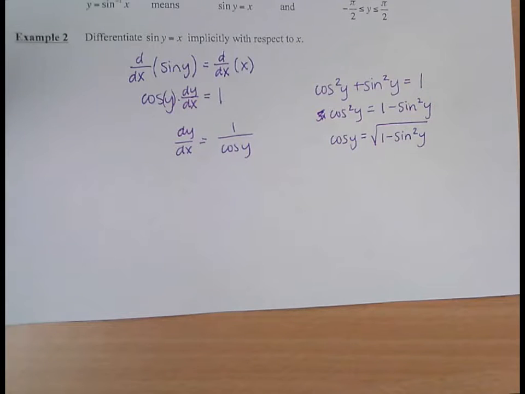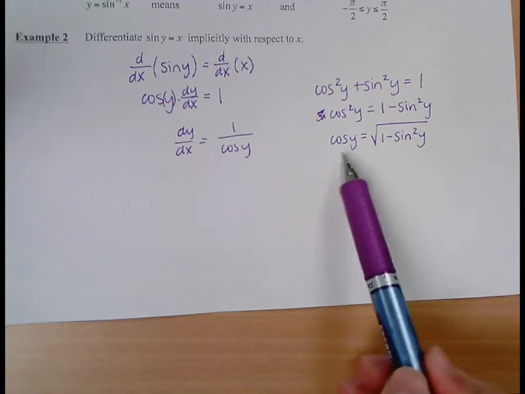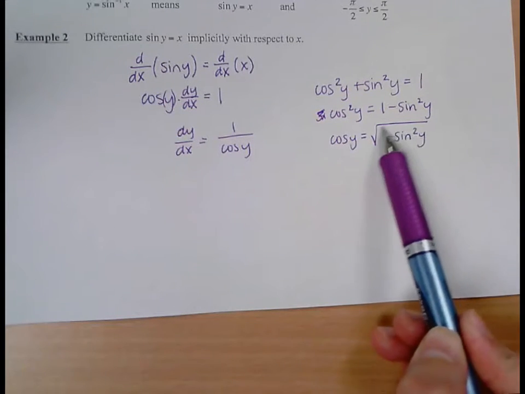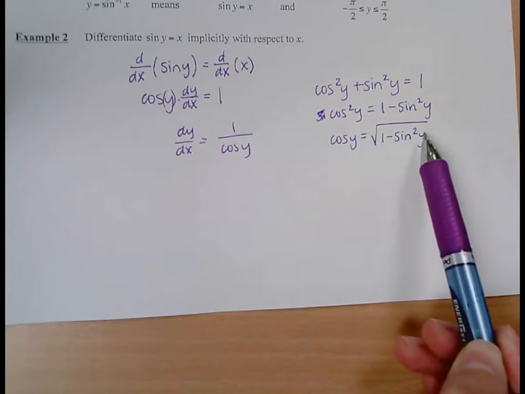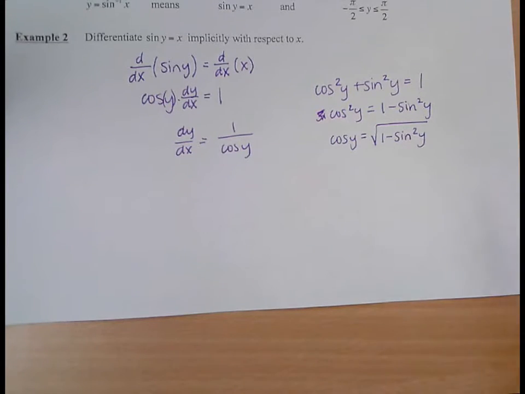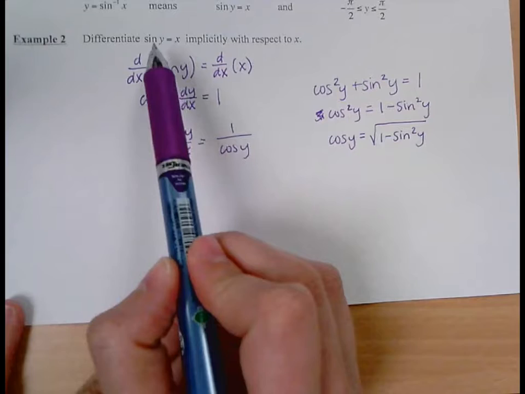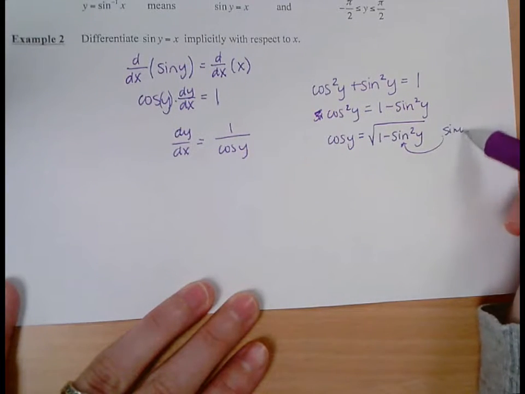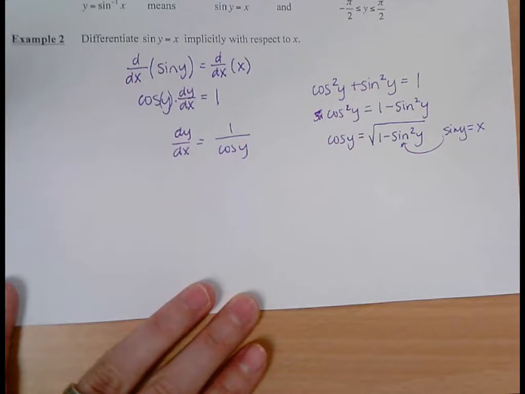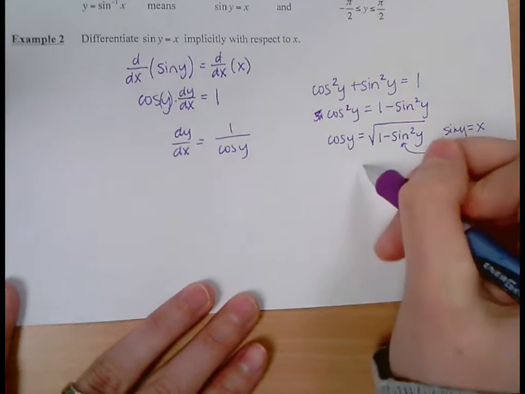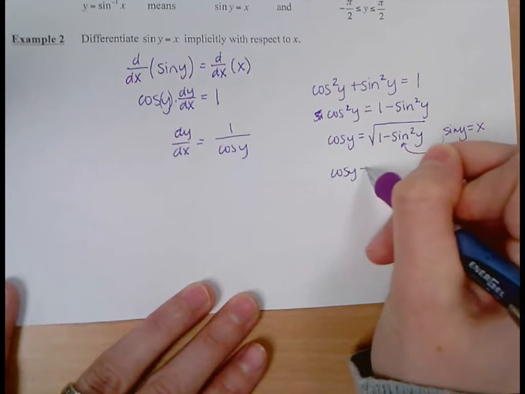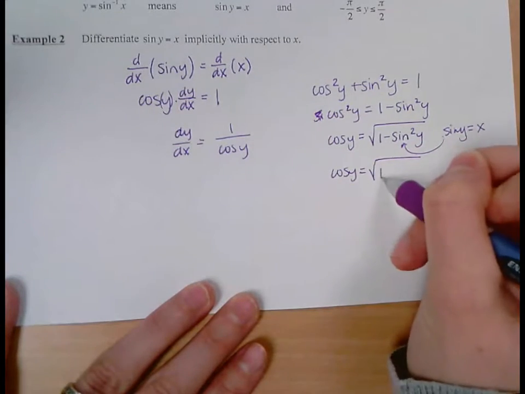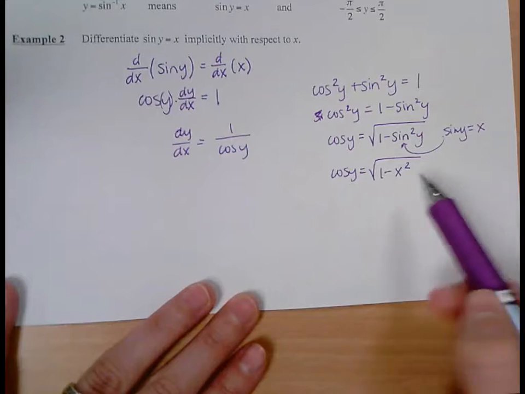And then from here, I don't want to replace cosine of y with this because it's still in terms of y. But if we go back up to our function, sine of y is x. So sine squared of y is x squared. So I can say cosine of y is the square root of 1 minus x squared.